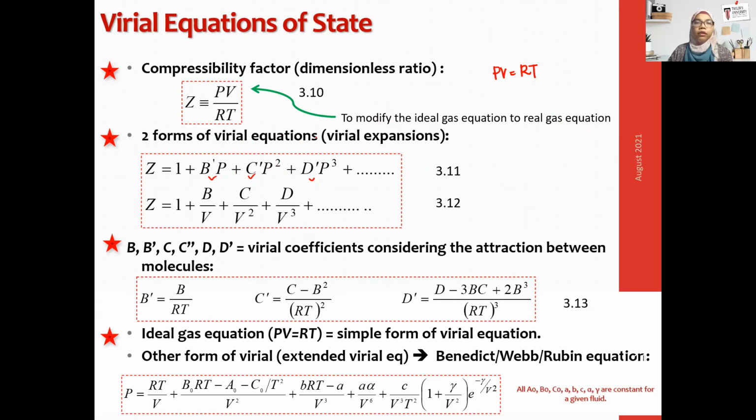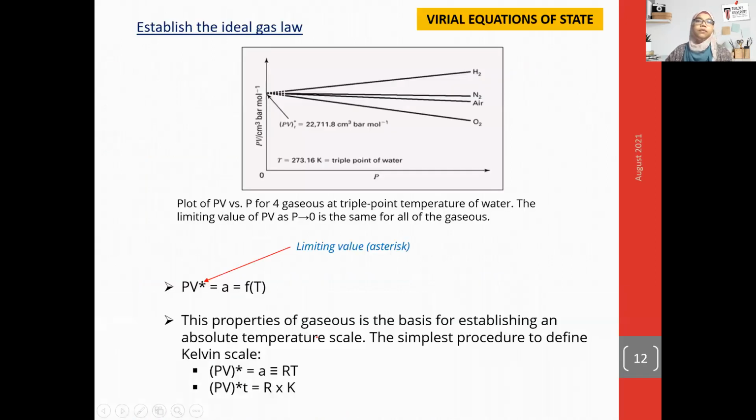Normally, for the virial equation, it can be up to the second term, so that means we can have up to C only. The other form of virial, as a standard for the virial equation, is the Benedict-Webb-Rubin equation.